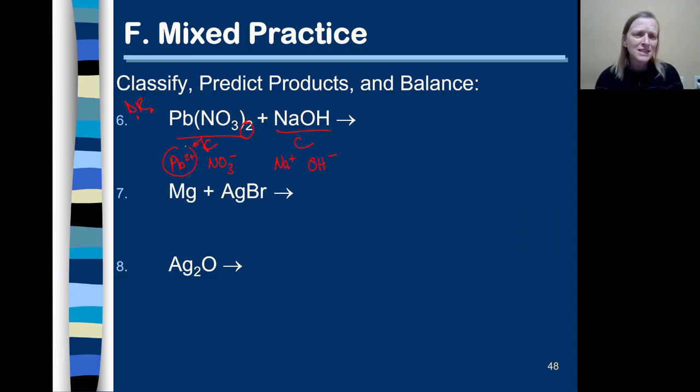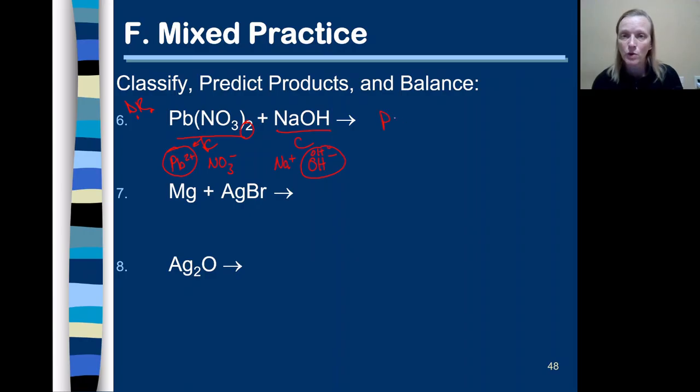So if lead has separated from its partner of nitrate, it needs to find a new partner, and opposites attract. So that lead has to be attracted to the hydroxide ion over here, and I need two hydroxide ions to balance out my one lead ion with a charge of +2.